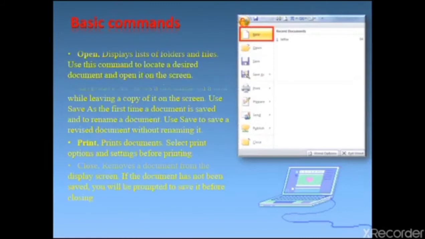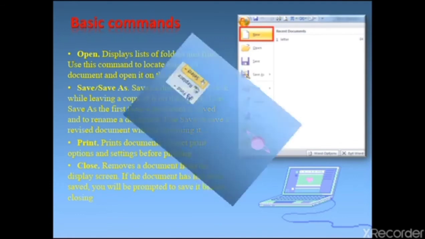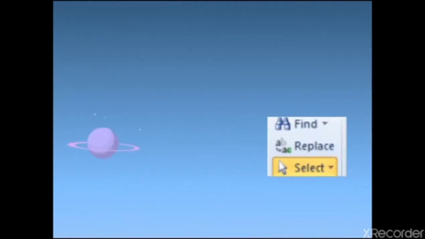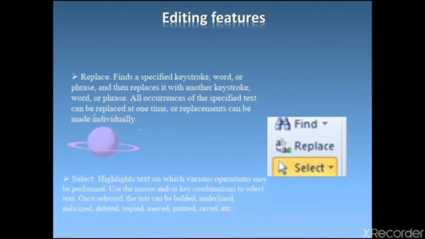Basic commands are open, save, save as, print, and close. Editing features: find, replace, select. Find locates a specified keystroke, word, or phrase in a document. Replace finds a specified keystroke, word, or phrase and then replaces it with another.